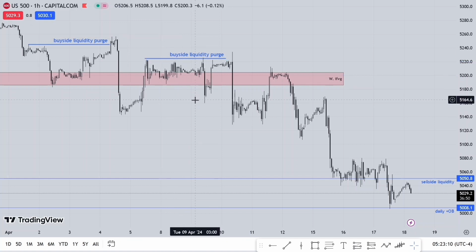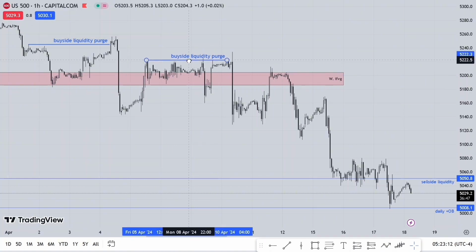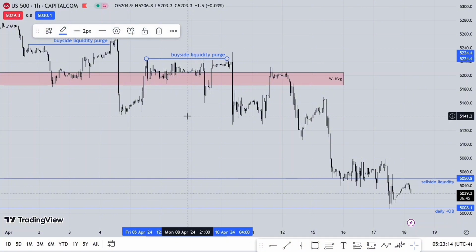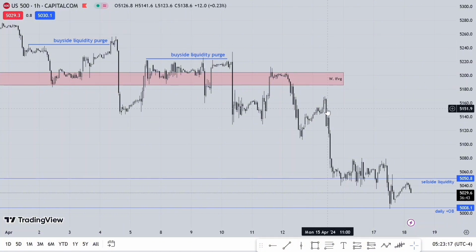So liquidity was purged here on the buy side, and we expected price to not trade back up here going into this week's trading.